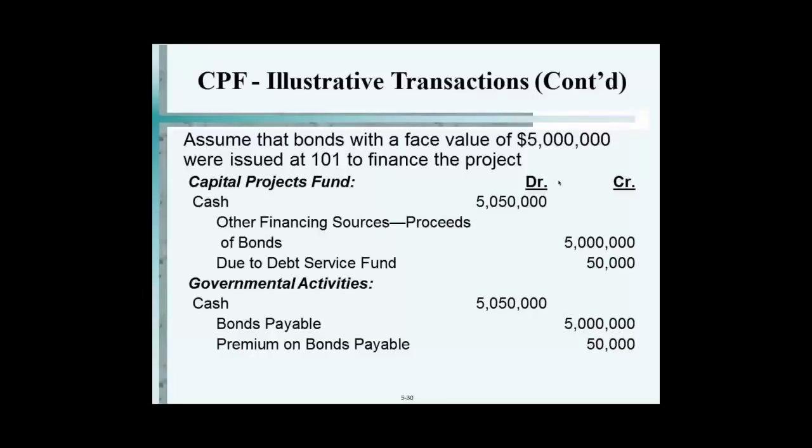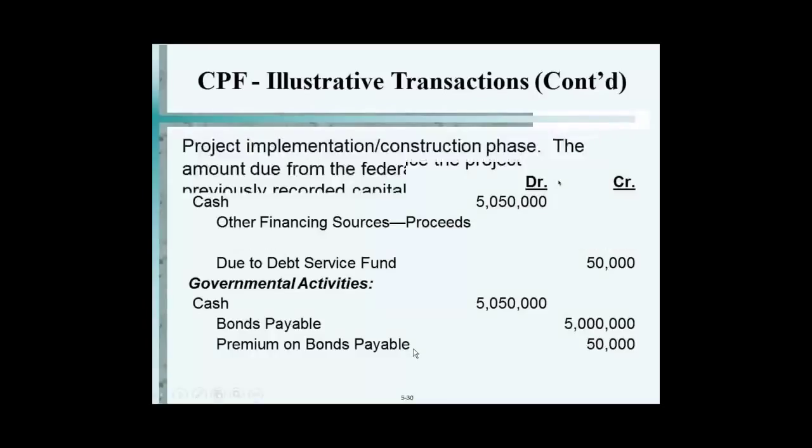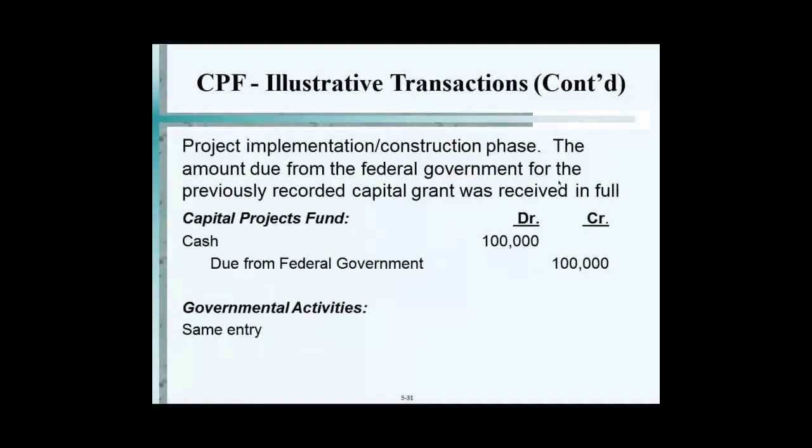And again, you get the money from the federal government, so you reverse the entry that you had made previously. Interfund loans payable, you pay the general fund back, so there's that entry being reversed.